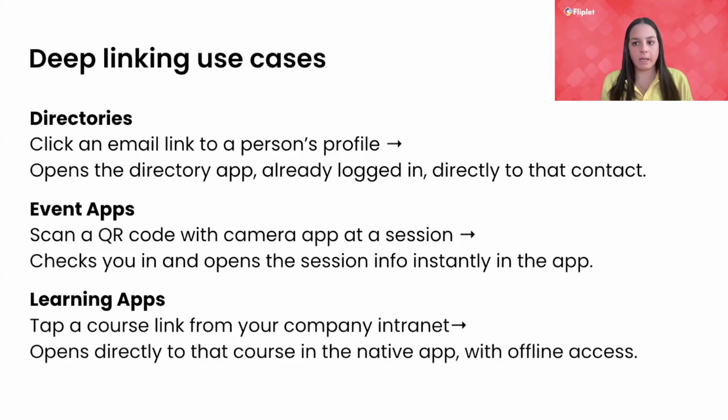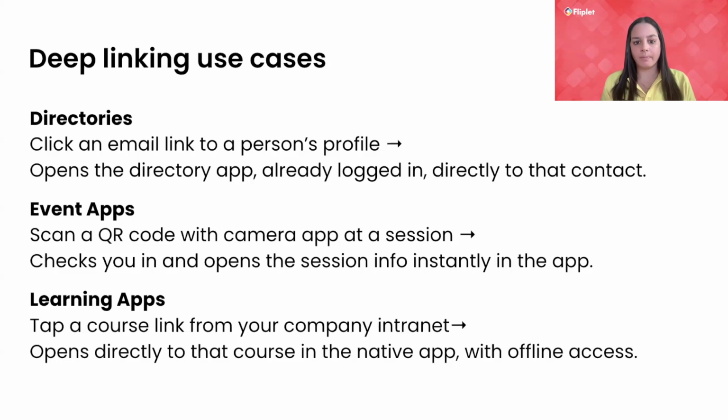Another use case, maybe in a learning app: you get a link to a specific course. There's a training we need everyone to do, and it needs to be completed by Friday. I get this email in my company intranet on the web, and I tap into it on my device. I'm now taken directly to that course. I can save it and bookmark it to come back to later.